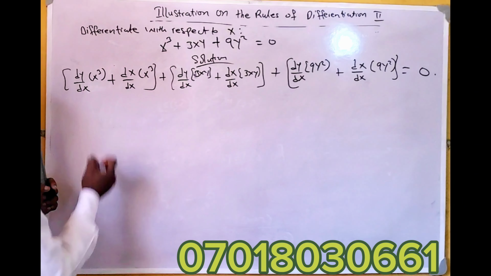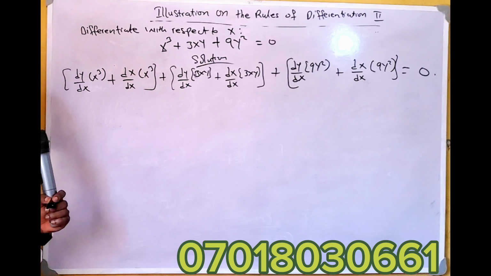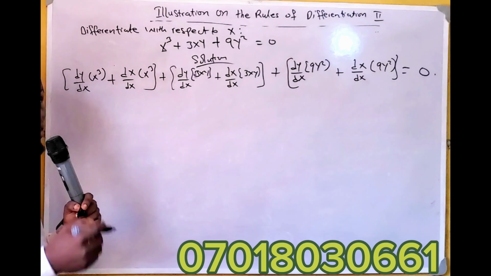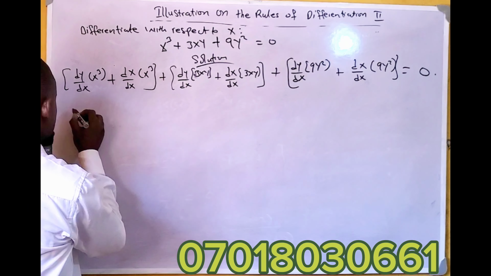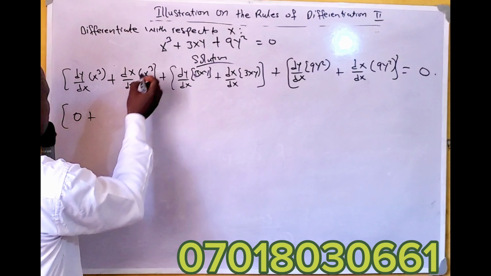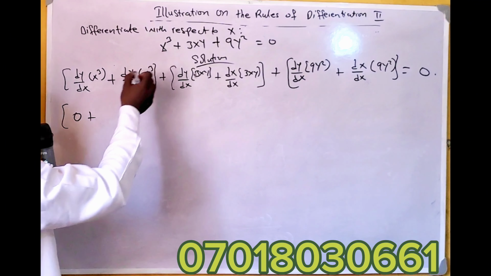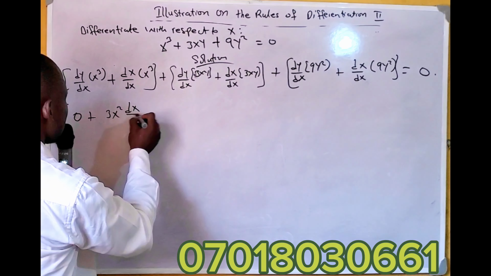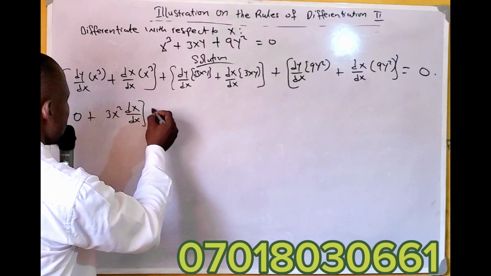So let's start from here. Derivative of x plus 3: since there is no y here, we treat this as a constant, and the derivative of a constant is 0. So what we have here is 0 plus, this is s, so we can find the derivative of this. This will be 3s square dx/dx.